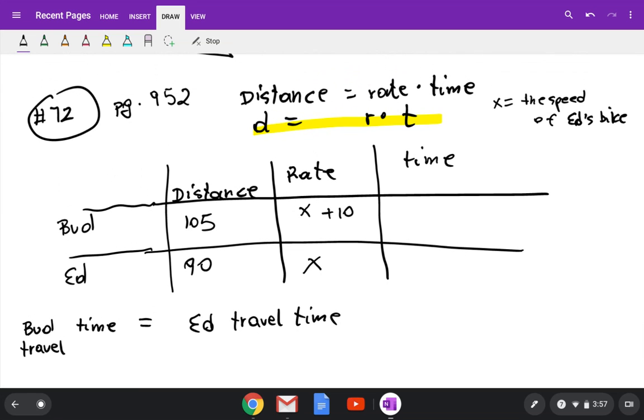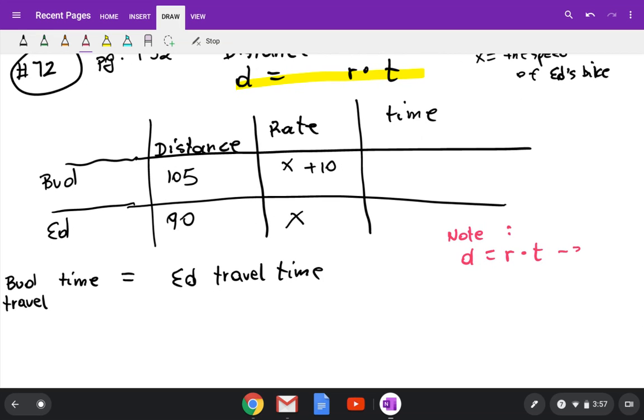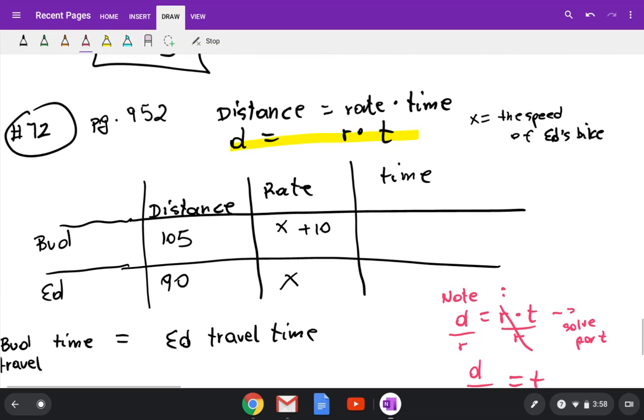We did that in section 15.7, so let's review. Distance is the same as rate times time. Solve for t: divide each side by r, and you get distance over rate equals time.